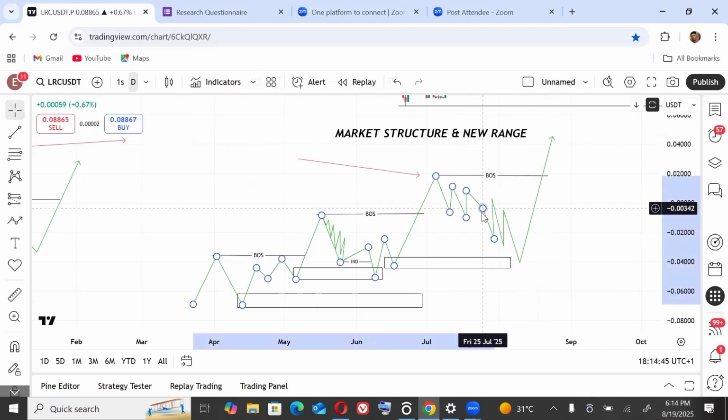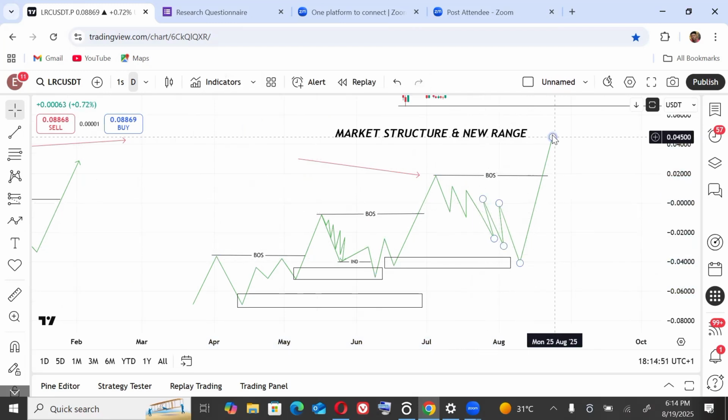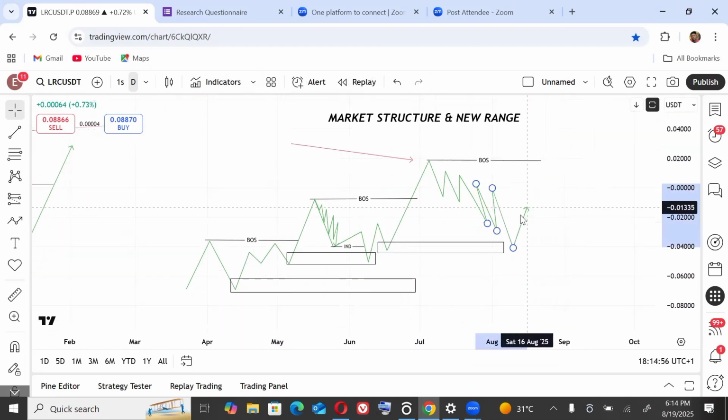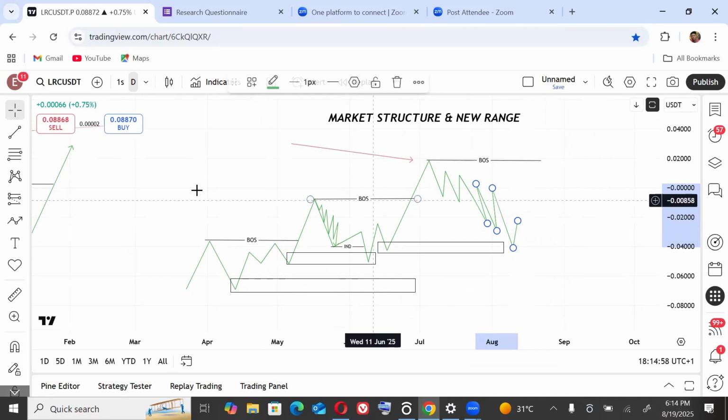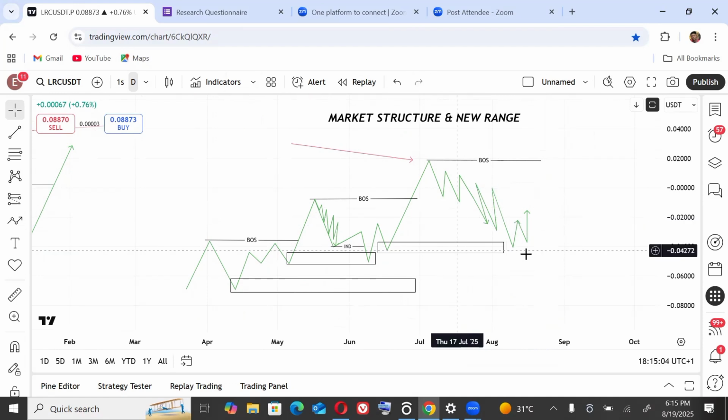If we see that there's no imbalance to be filled, meaning there's no valid supply here, we now have enough evidence that when price comes down here and creates a change of character like this, we can start buying from here.